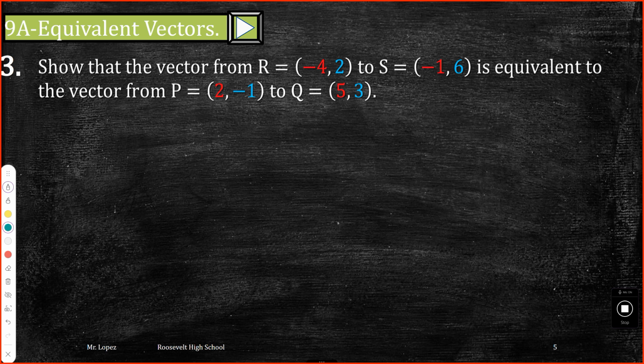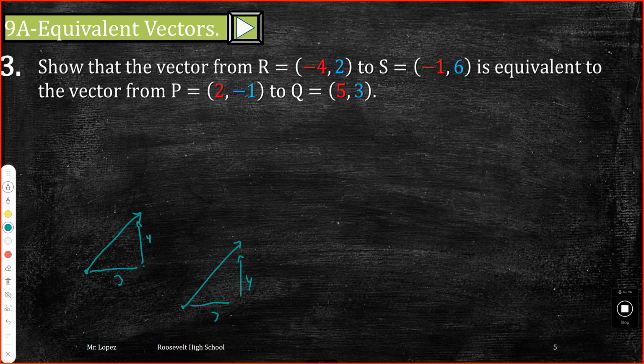There was this vector going like this. It went 3 and then up 4, and so the vector was 5. So if it moves over 3 and then up 4, then you can have another vector somewhere else on the same flat surface going over 3 and up 4, and they are equivalent vectors.